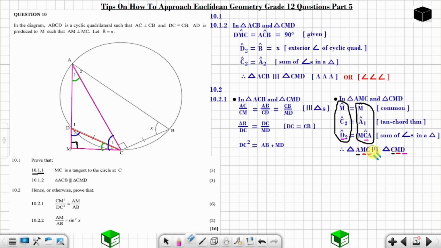Now you can write the proportionality equation because you have respected the order.